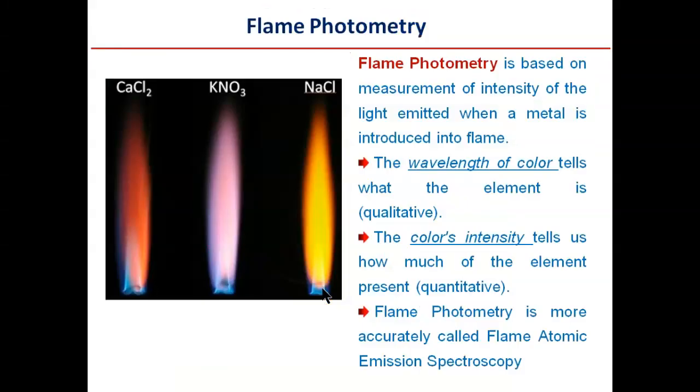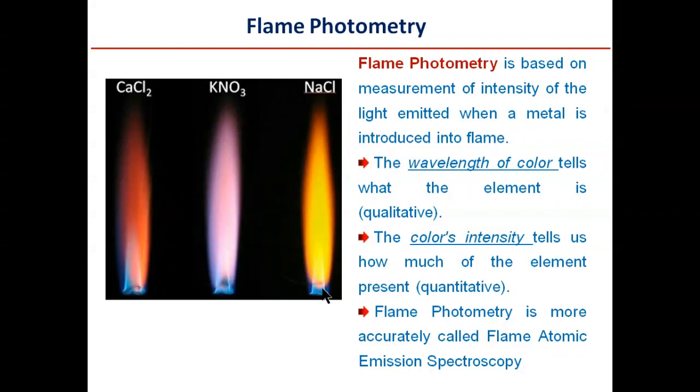Well, we must be knowing the flame test of the elements, which we always do in qualitative analysis in the fourth semester. For example, if we want to know the flame test of sodium, we just put sodium salt into the flame and it imparts golden yellow color.